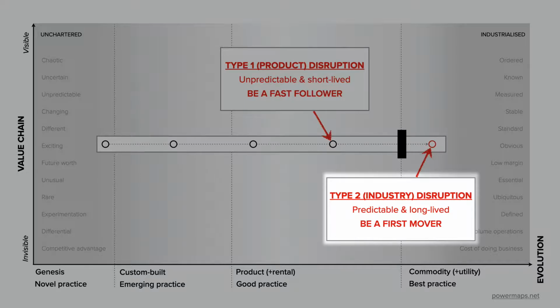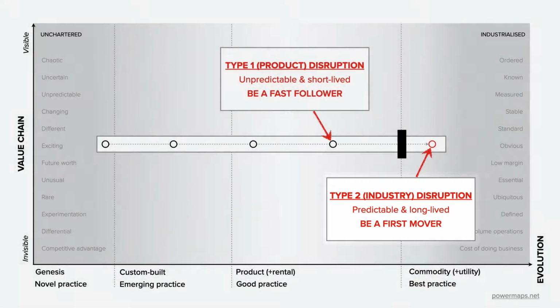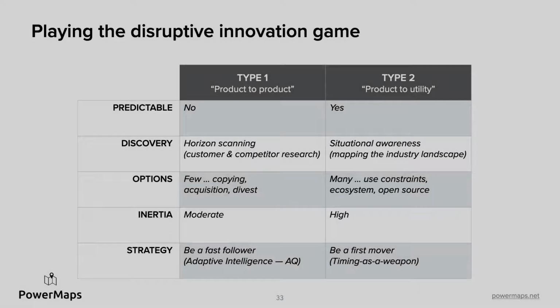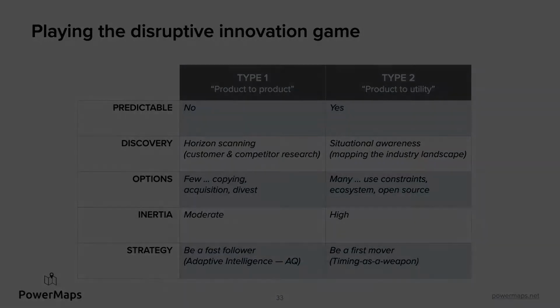It's hard to compete against the platform on which the future is built, so you need to be a first mover and own this space before others do. So if you're playing the disruption game, learn to understand the two types of disruption first and the strategic options available to you. Having maps will help you become aware of where you can attack and defend yourself against rival moves by learning how to adapt quicker.